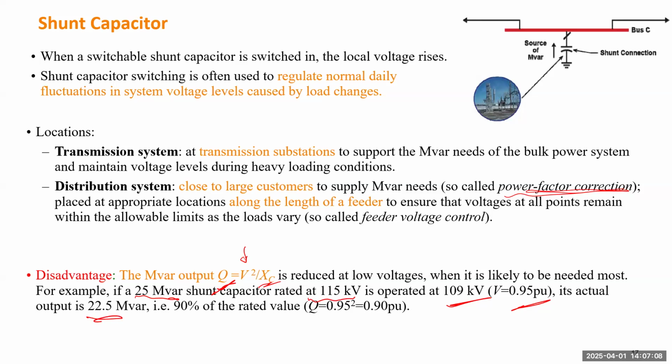You always get less than what you purchased because it's not active control. It only gives you something more, but how much you get really depends on system condition. So you end up with only 90% of the Q you purchased.